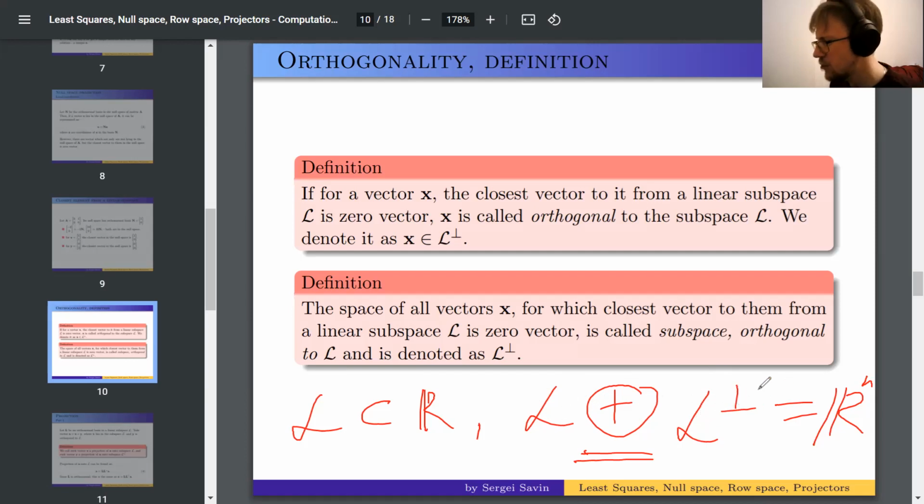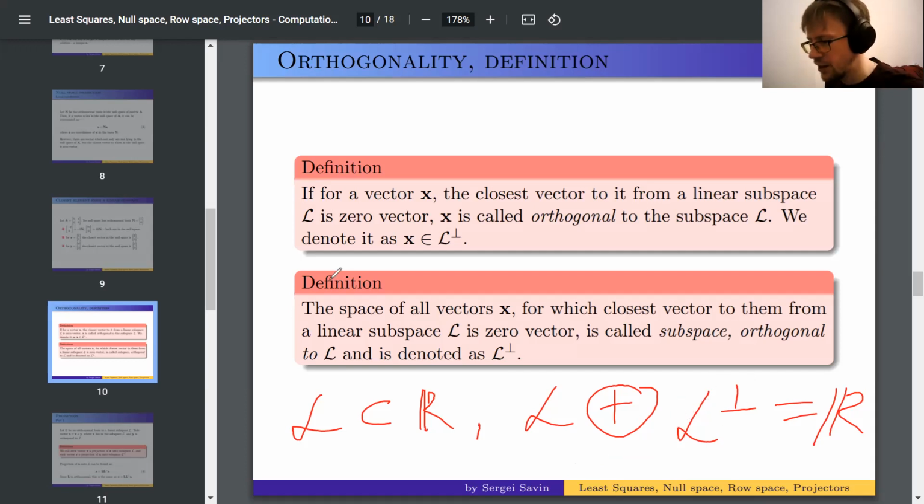But what I'm trying to say here is that the orthogonal complement is everything that is left over from this subspace. If this subspace was a line in 3D, this would have to be a plane. If this was a plane in 3D, this would have to be a line. If it was a 5-dimensional subspace of a 12-dimensional space, this would have to be 7-dimensional.